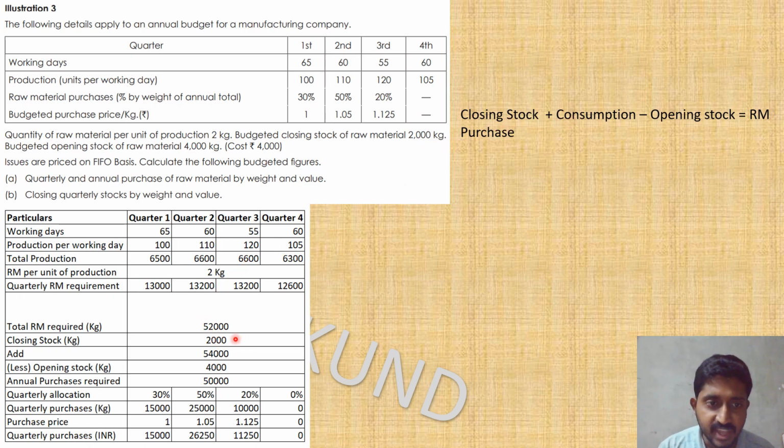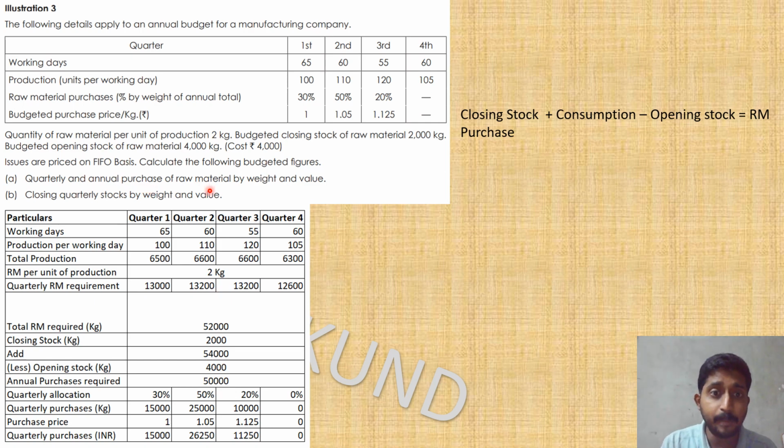So 2000 is added to it, and reduce the opening stock, minus opening stock, which is 4000 in kg. So now we are doing everything in kg. So less opening stock in kg of 4000. So the annual purchase is 50,000 kgs. We know one thing, that quarterly and annual purchase of raw material is the question.